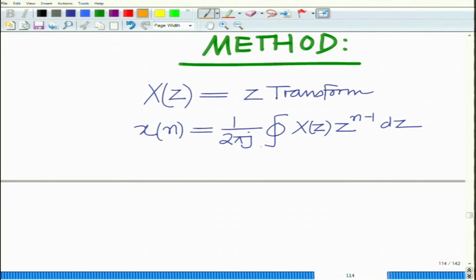This integral that you are seeing over here is what is known as a contour integral, evaluated over a contour in the z plane.